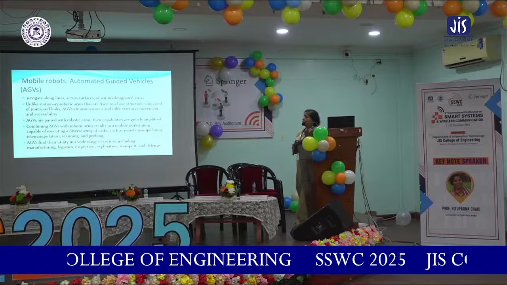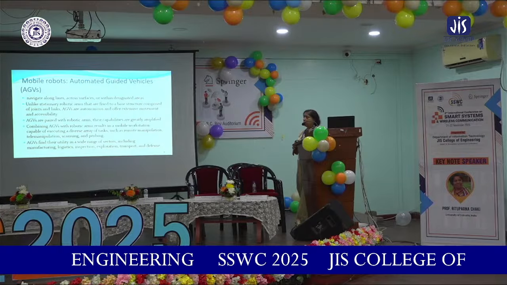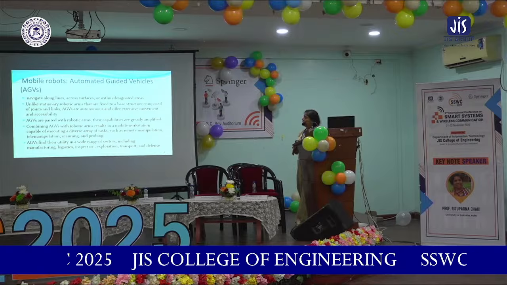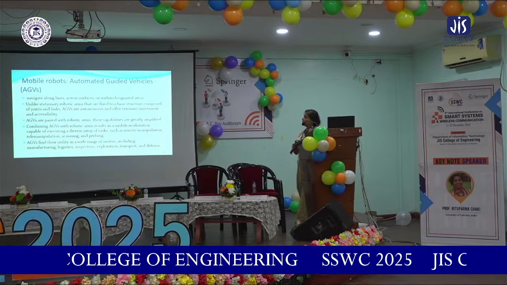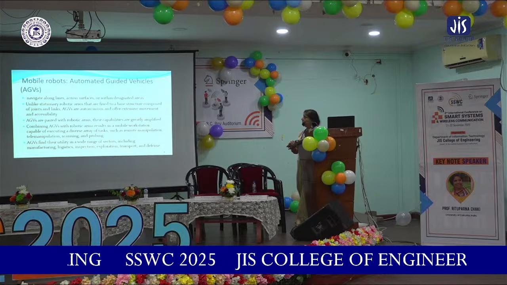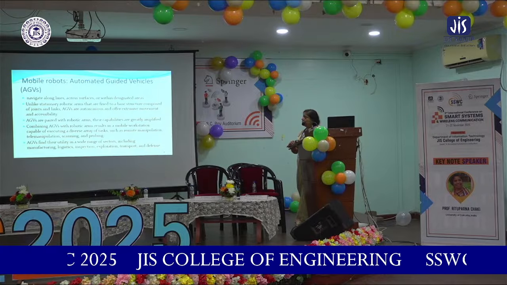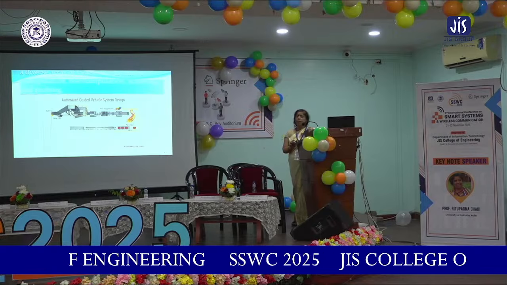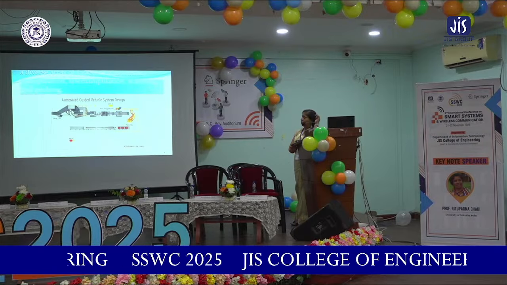These are normally paired with robotic arms in order to have their capabilities greatly amplified, and they can then work in mobile workstations and can do a lot of tasks such as remote manipulation, tele-manipulation, scanning and probing. So this is one example of an AGV.